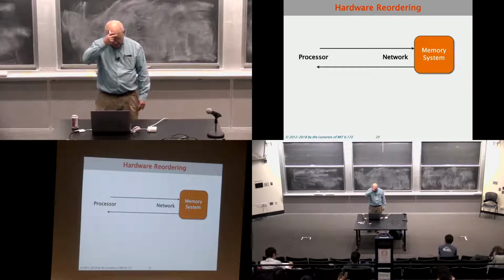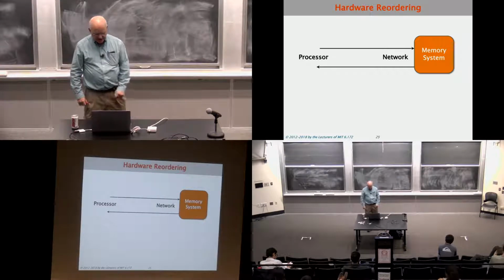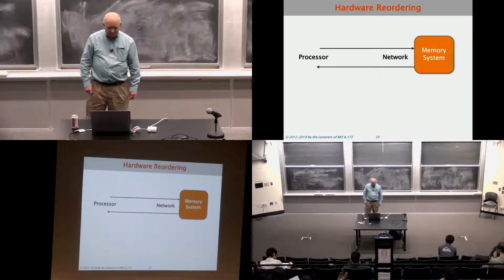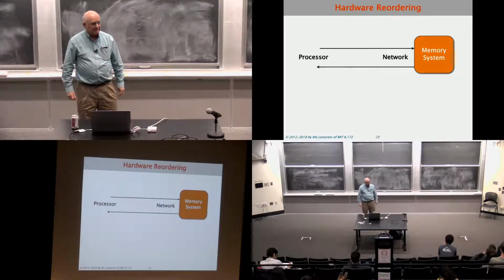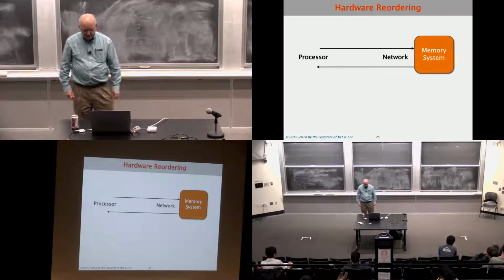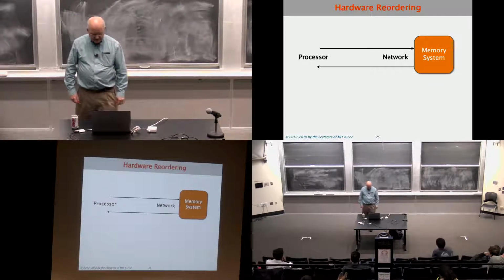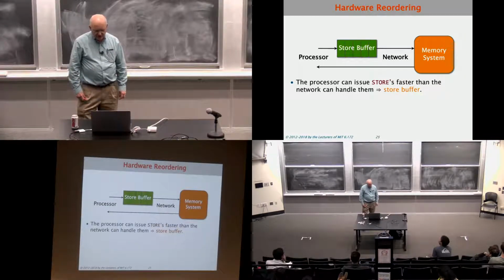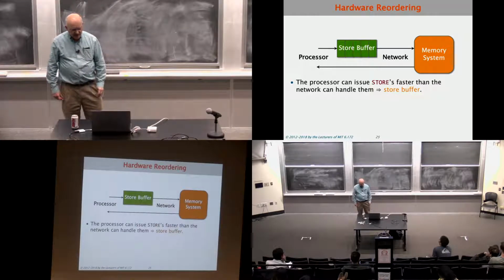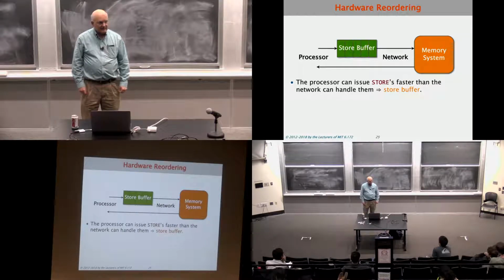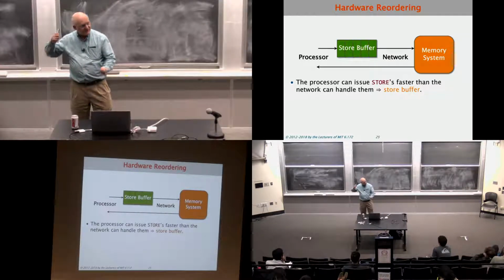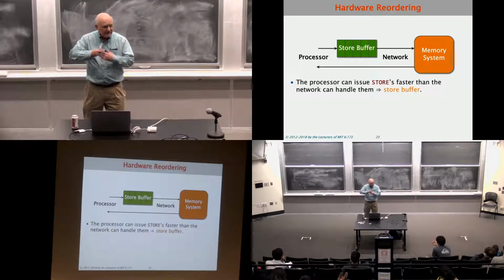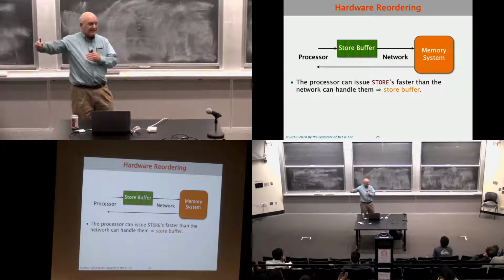You have a processor on the left edge here, and a network that connects it to the memory system, a memory bus of some kind. It turns out that the processor can issue stores faster than the network can handle them. The processor can go store, store, store, store, store, but getting things into the memory system can take a while. The memory system is big and it's slow.